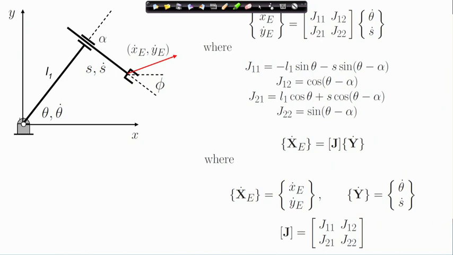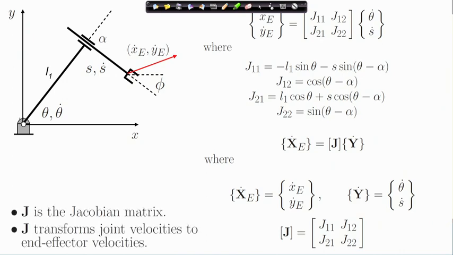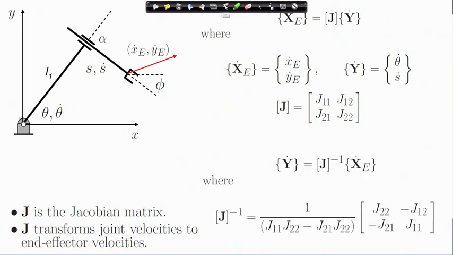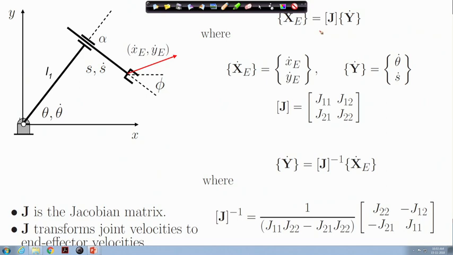Therefore, we can write out the Jacobian matrix, and if you want to relate the end effector velocity with the joint rates, you require the Jacobian, and if you want to relate the joint rates in terms of the end effector velocities, then you need to invert this Jacobian.